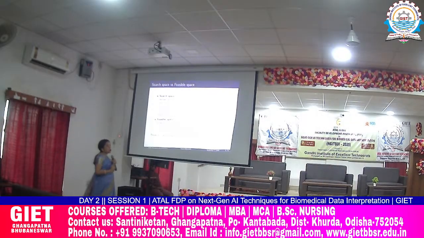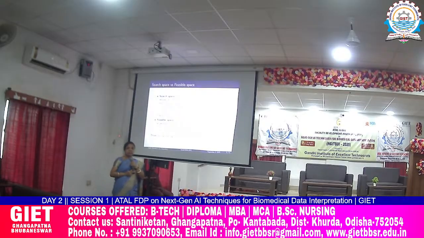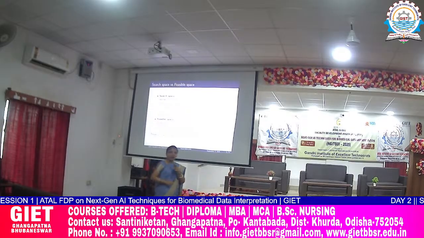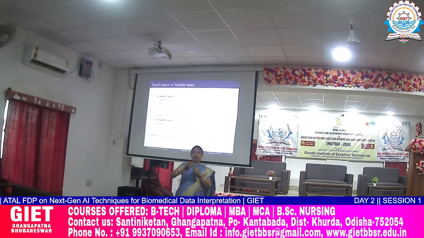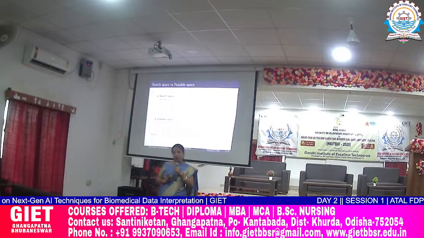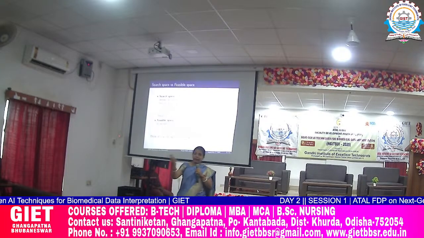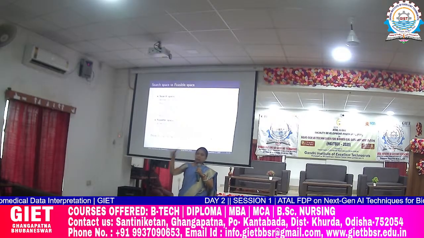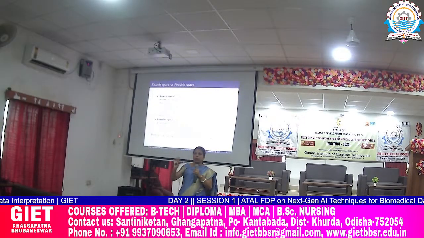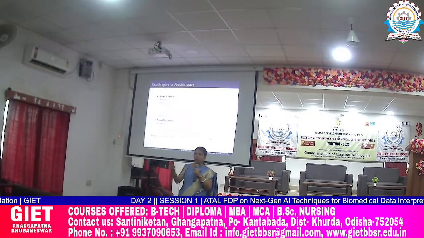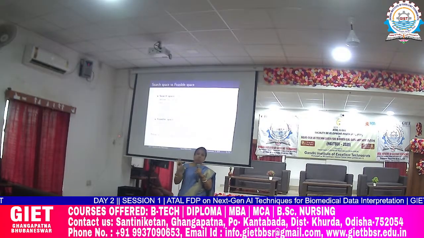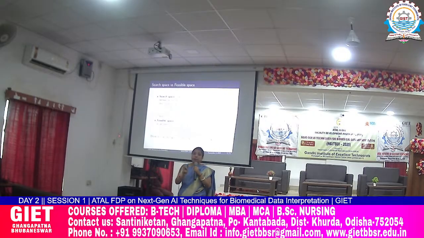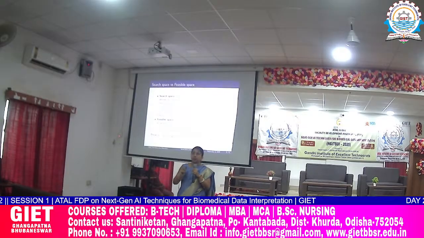Now the two most important concepts of optimization are search space and feasible space. Just now I told you, suppose TCS will come to your college for recruitment. So now the entire college is your search space. From this entire college, suppose 1000, 2000 students are there, they will select any 20 or 30 students. So the search space is your entire college. But what is feasible space? The space satisfying the constraint.